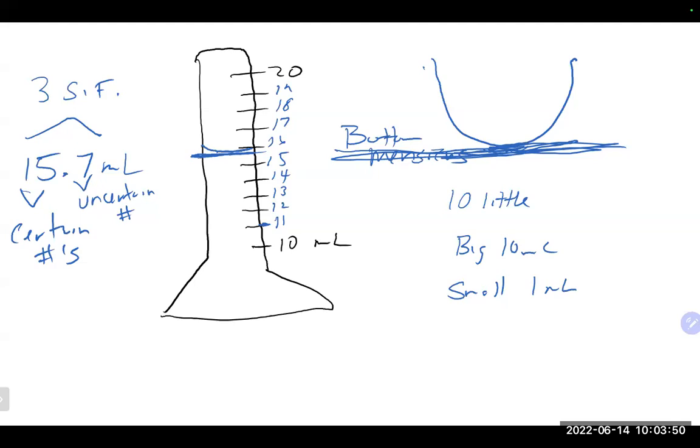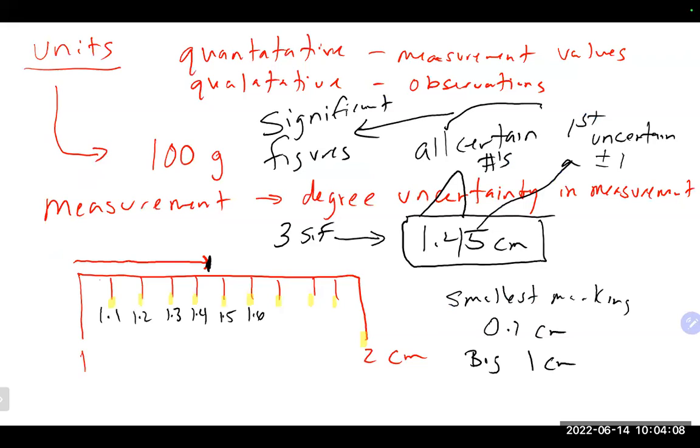Now, in most cases, you could typically go one more place to the right of the smallest marking. In this case, the smallest marking was 1 milliliter, and we're able to go one more place to the right, which would be the first decimal place. If we look at our original one, the smallest marking was 0.1, and we're able to go one more place to the right to give our reading.